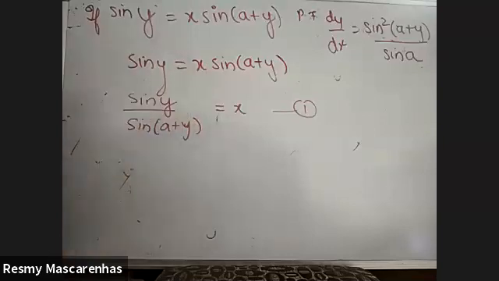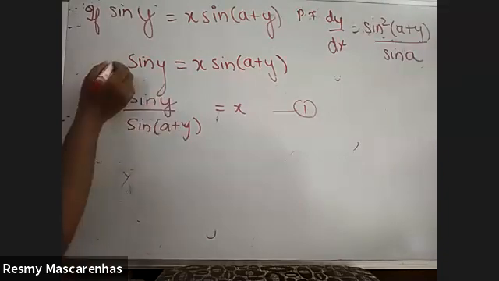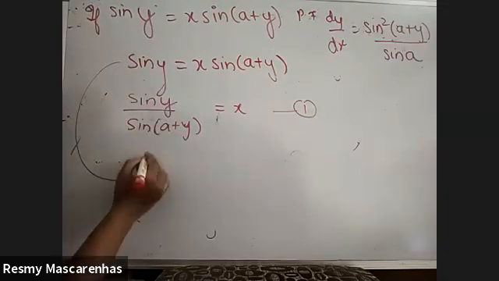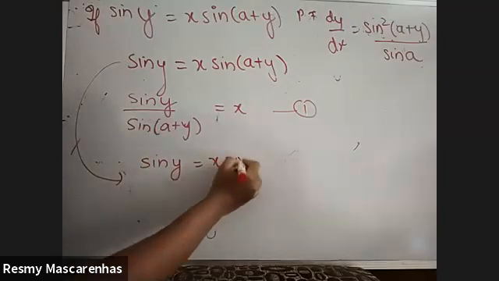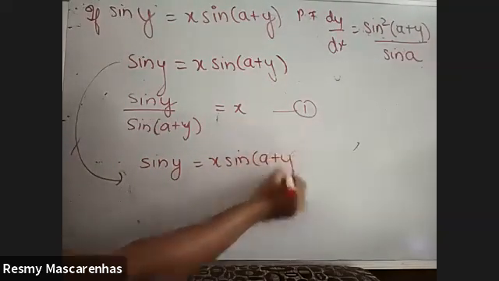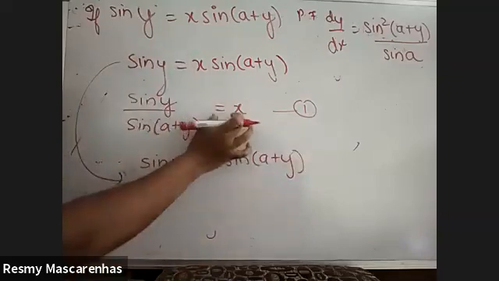So what is the value of x? Sine of y upon sine of a plus y. Just mark this as equation 1 and keep it. Okay, now write the question again: sine y, this is only for the substitution part.